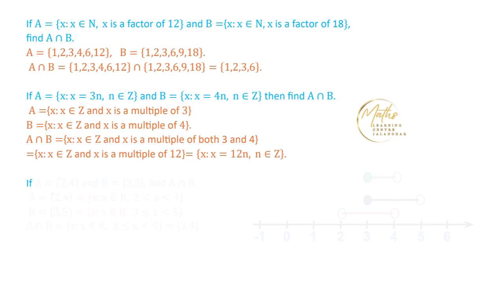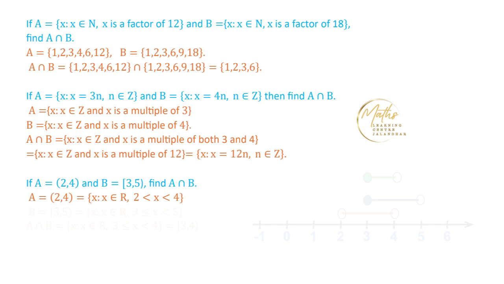Next is, if A is equal to the open interval 2, 4 and B is equal to the semi open, or you can say semi closed, interval 3, 5, we have to find the value of A intersection B. Now if we look at these intervals, the open interval 2, 4 means we are talking about all those real numbers for which 2 is less than x is less than 4.